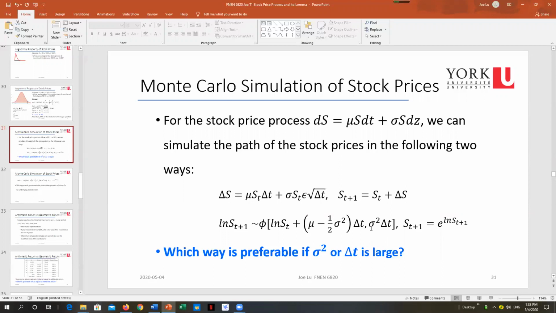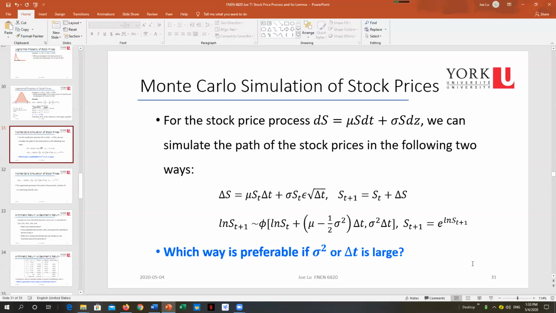And the variance of that normal distribution is sigma squared delta t. To update S t plus 1, the price at the next time period is really e to the power of log S t plus 1.